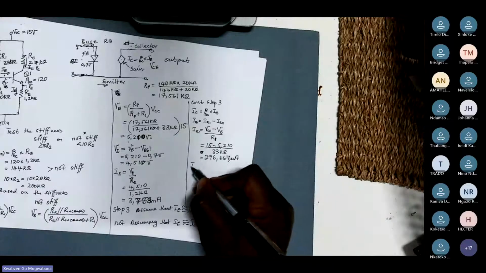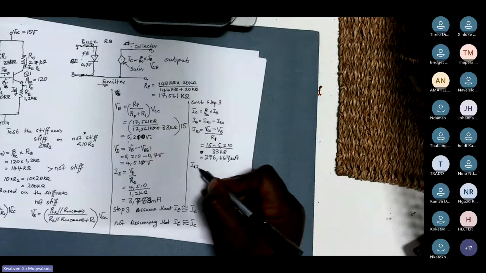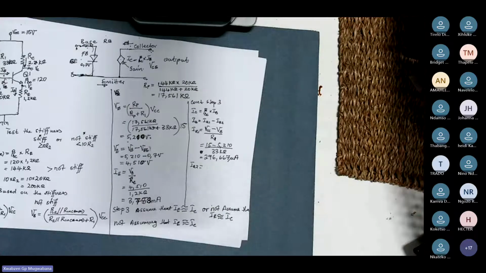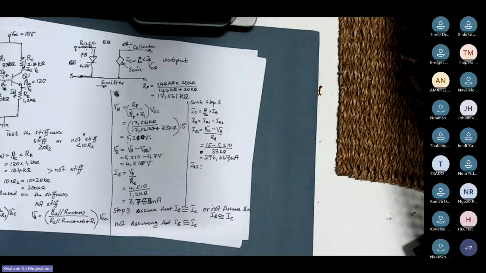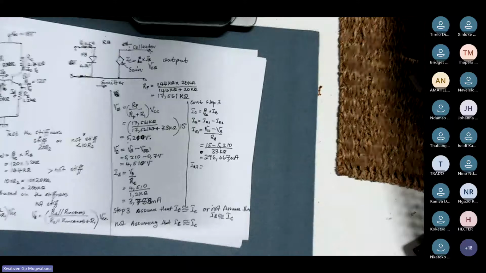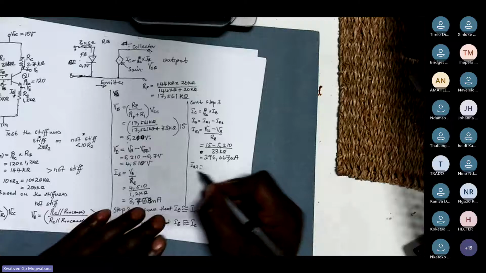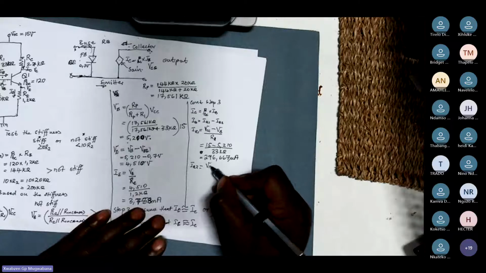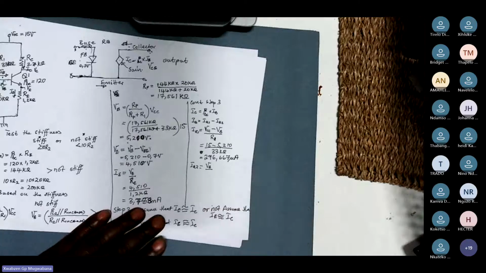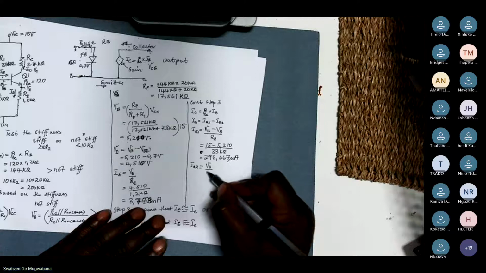Once I determine my IR1, I need to check what my IR2 is, whereby IR2 is the current flowing here. Remember, I already found VB, because my VB came from here. So IR2 is my VB divided by my R2.